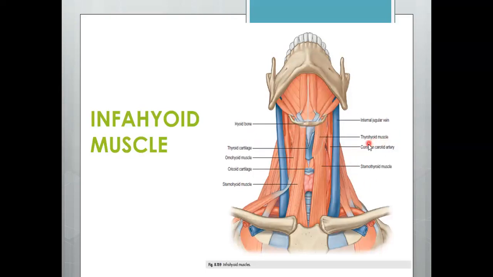It includes the thyrohyoid muscle, the sternohyoid muscle, the omohyoid, and the sternothyroid muscle. Okay, now these are the infrahyoid muscles.